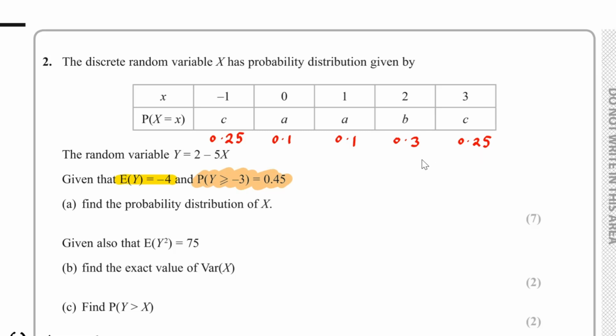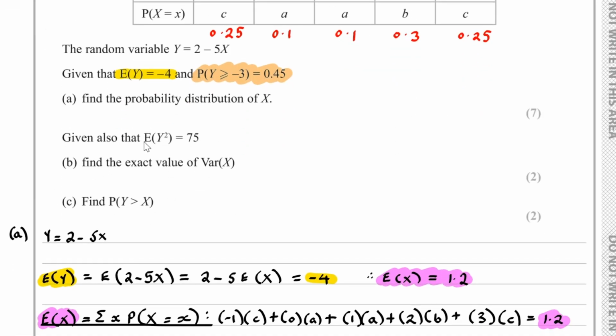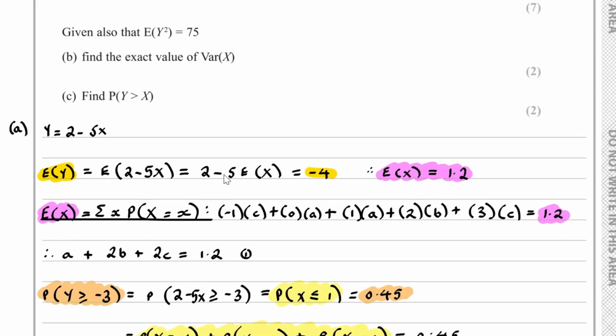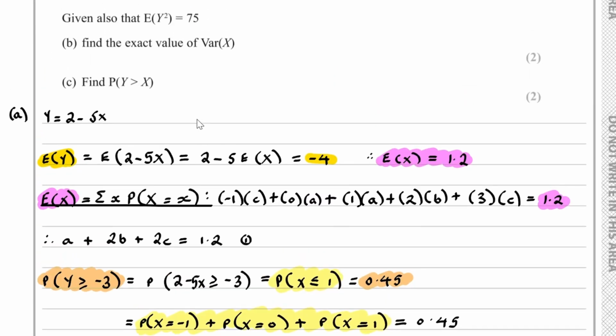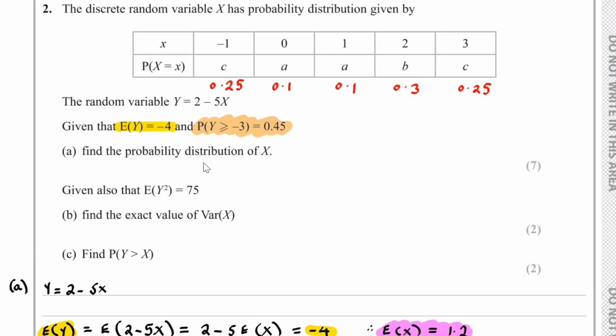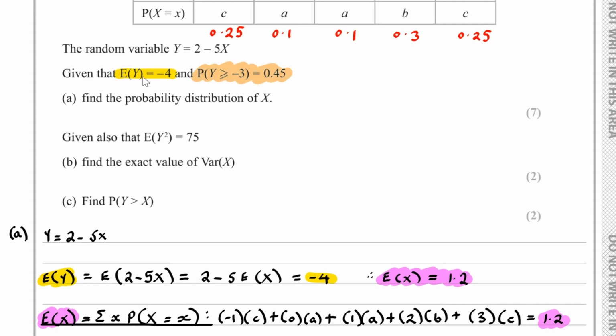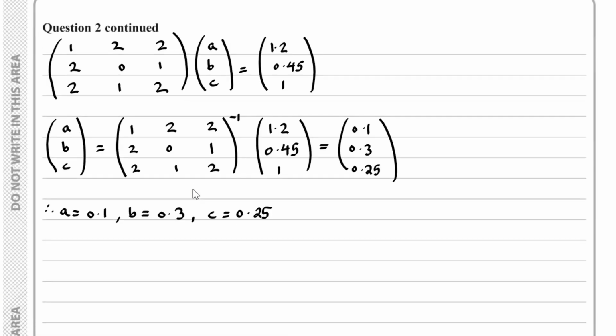Okay, so now for part b, given that also the expected value of y squared is equal to 75, we have to find the exact value of the variance of x. Well, we can use this information over here to find out the variance of y, and we also know the expected value of y. So those are related through the following way.